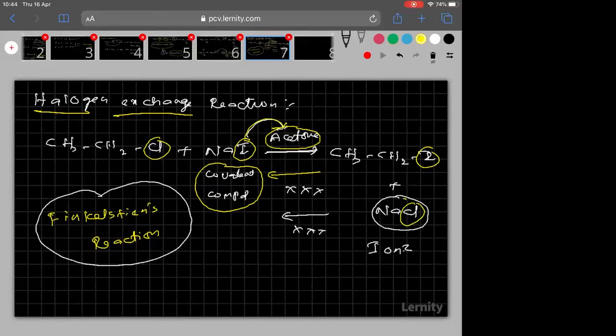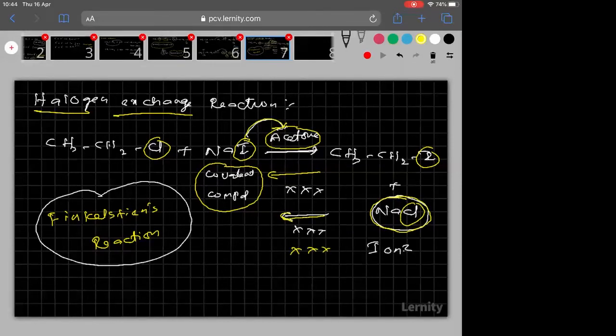But NaCl is an ionic compound. Ionic compounds are not soluble in non-polar solvents. You read in chemical bonding, I think so. Ionic compounds are soluble only in polar solvents like water. But here the solvent I took is acetone, so ionic compounds are not soluble in acetone. Therefore, the backward reaction does not happen here.